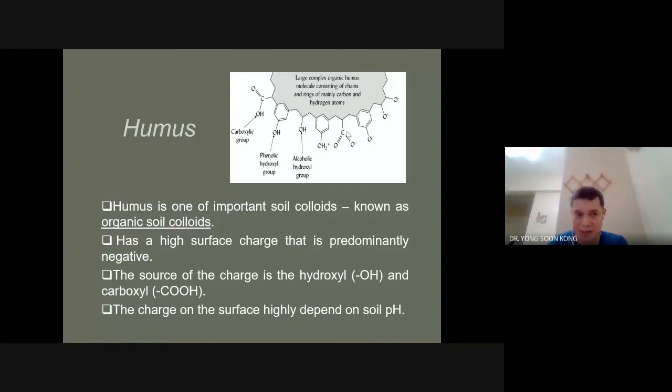If you don't know what that means, let's say there's suddenly a pollution that fluctuates the pH, going too high or too low. The presence of humus can absorb these, and whatever the change of pH will be minimal. It's not a sudden change, because a sudden change will definitely affect the soil organisms. So this actually has the same function as clay, they can buffer the sudden change of pH as well.